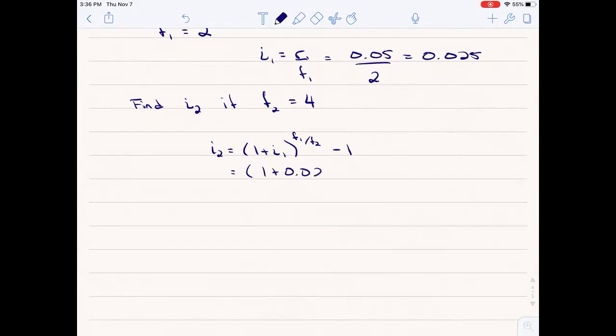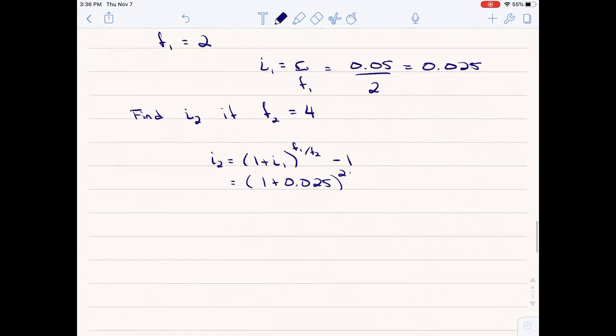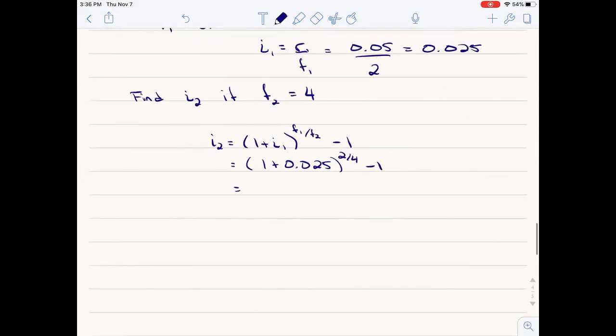That's 1 plus 0.025 to the power of F1 is 2, and F2 is 4. I read those powers as moving from compounding semi-annually to compounding quarterly; they appear in that order. Minus 1. So 1.025 to the power of 2 divided by 4, minus 1, I get 0.012422837.